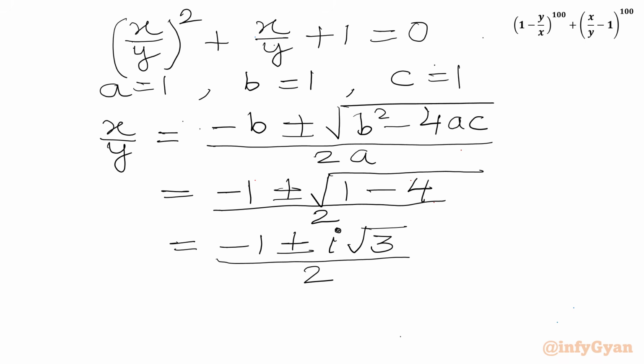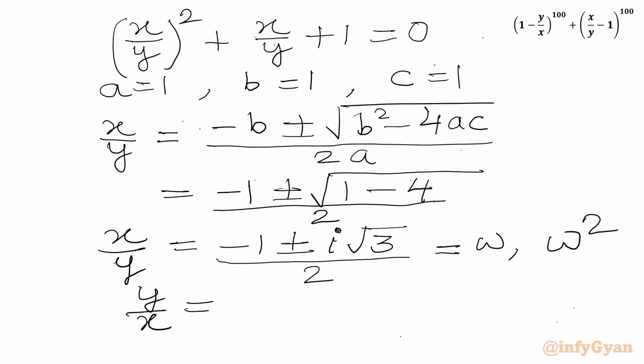Now these are the two cube roots of unity, so I will consider omega and omega square. If x over y is omega, then y over x will be 1 over omega, which we can write as omega square over omega cube. Now we know the properties of cube root of unity.